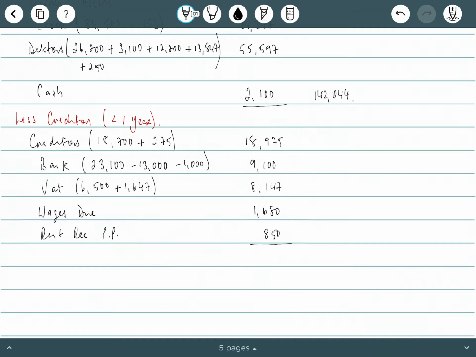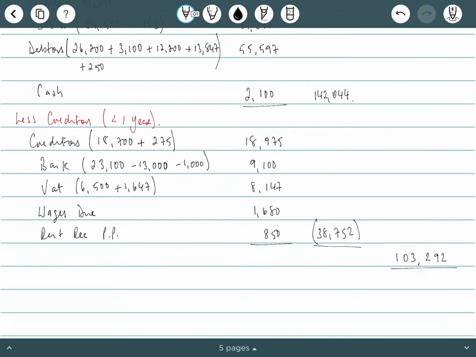We add those 5 figures together. We get 38,752. We take that from that. You get your working capital of 103,292.